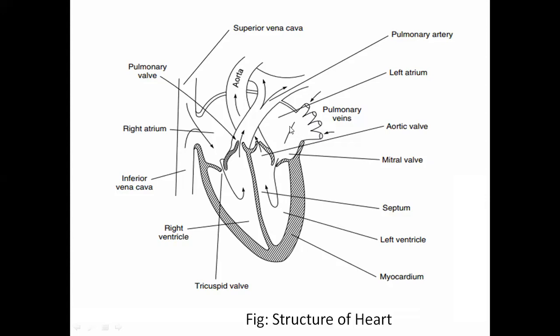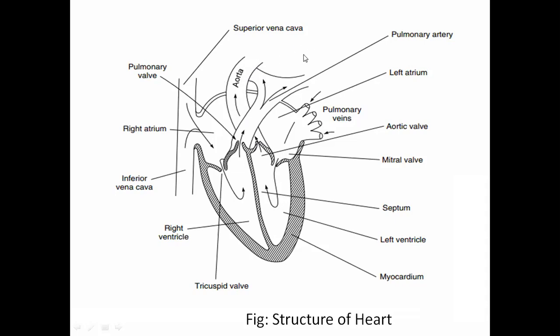The purified blood from the lungs is collected in the left atrium. Then it sends to the left ventricle, and from the left ventricle it sends to the aorta.